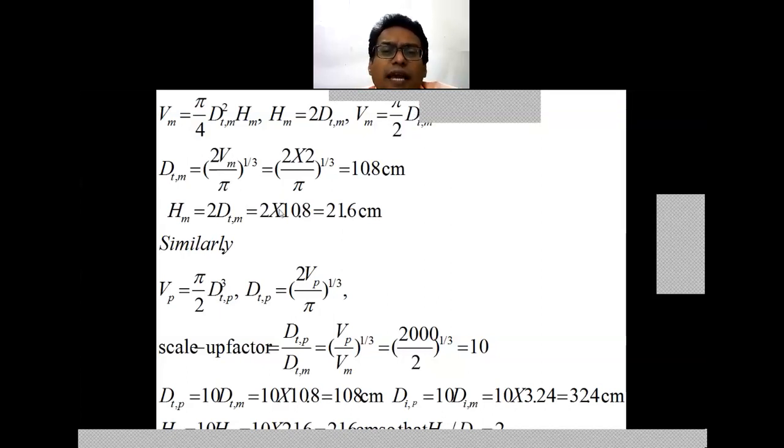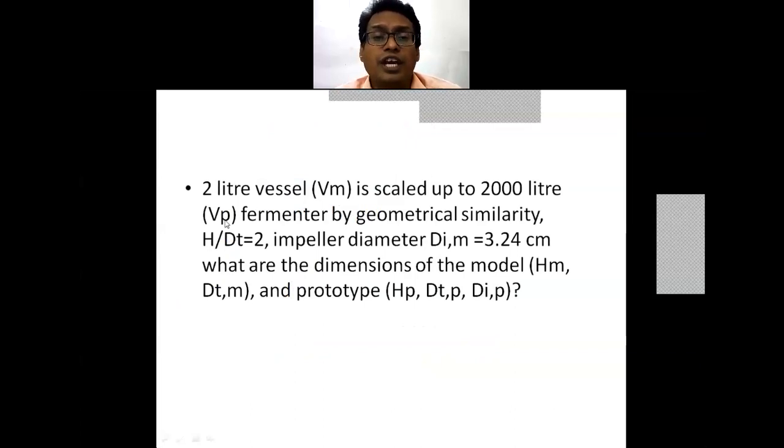Now these are all the calculations corresponding to the model, that is, the laboratory scale. Now on the basis of similarity, I have to develop a prototype, or an industrial scale. So this is the basic data available in terms of the laboratory: the volume, the height to tank diameter ratio, and the diameter of the impeller. These three things have been given.